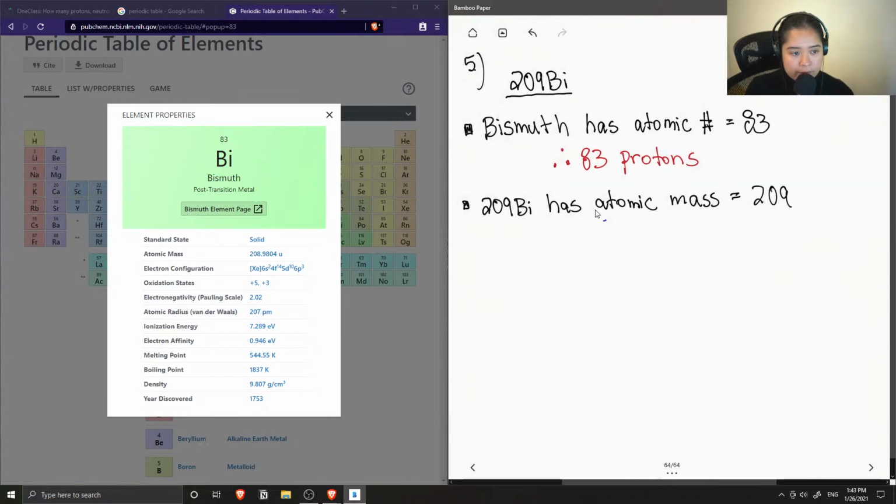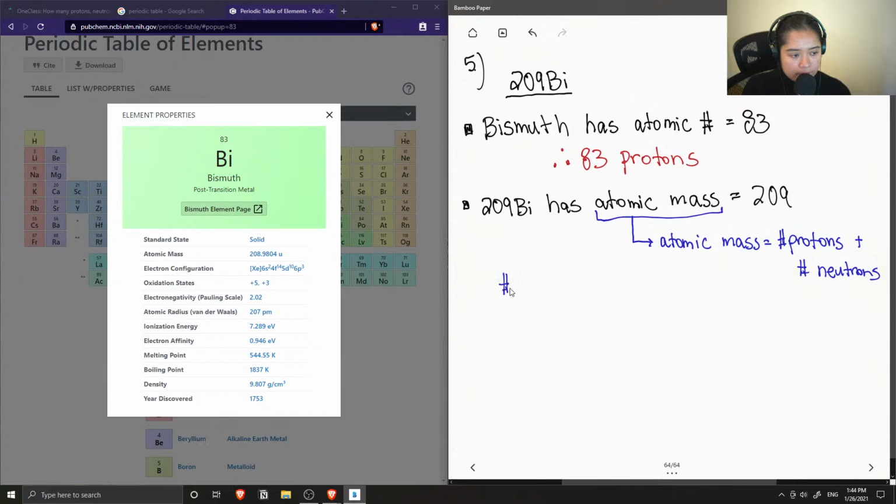But if we recall, the formula for atomic mass is equal to the number of our protons plus the number of neutrons. So now we can solve for our number of neutrons.